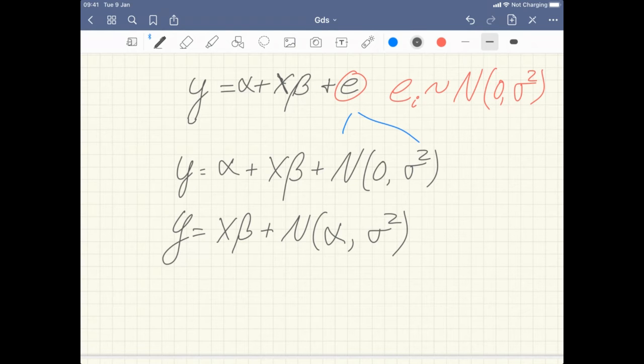Because alpha is just a constant. Alpha just applies to all of the different values. Okay? So it's just a constant, it's just a single value that applies everywhere. And we can add it into that distribution because it's a location scale distribution.